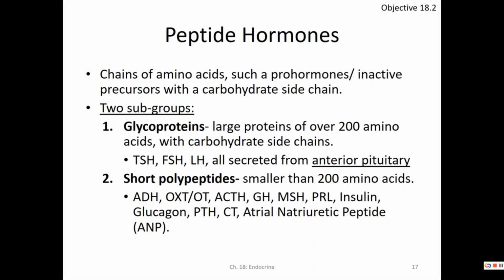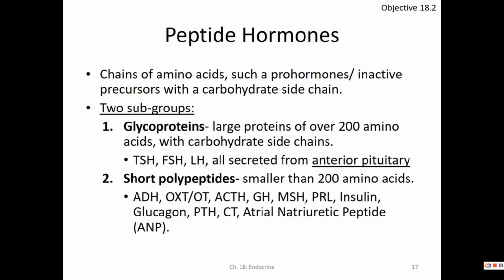Here's the way I'm going to tell you, and I'll show you a trick later on, but I'm just going to list them now. After you're done learning all the other hormones, come back, and whatever is not one of the other hormones that you memorized is a short polypeptide. You're like, that doesn't make any sense. I hope you understand that in a minute.